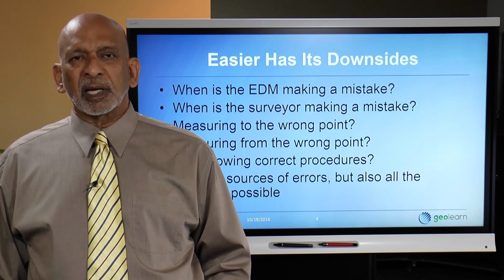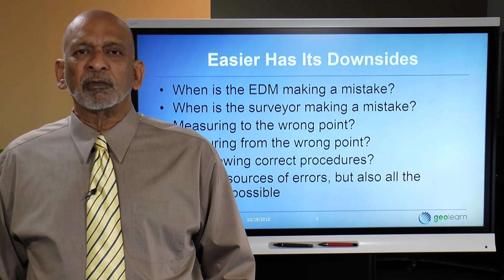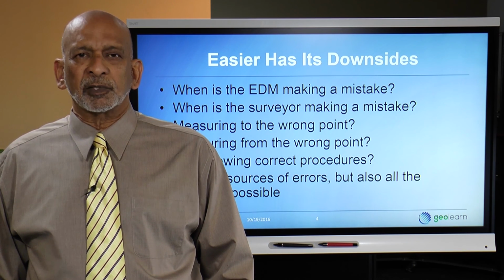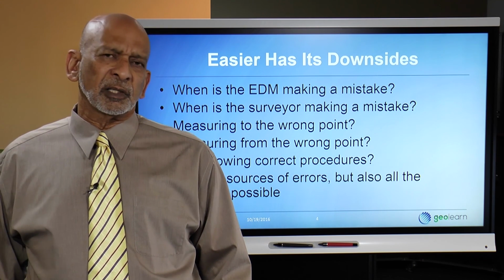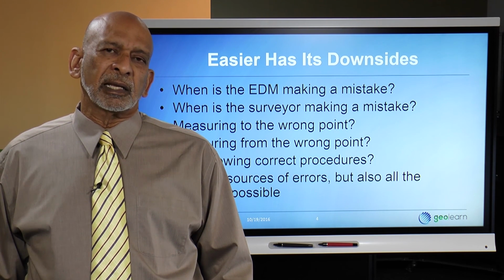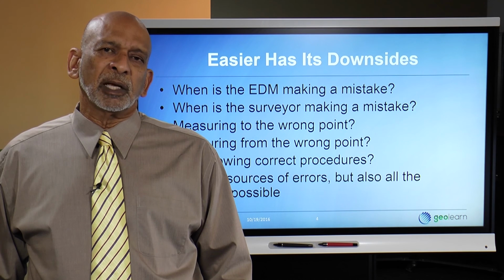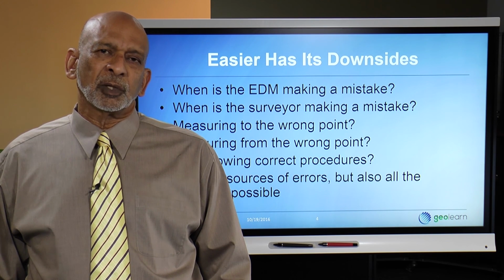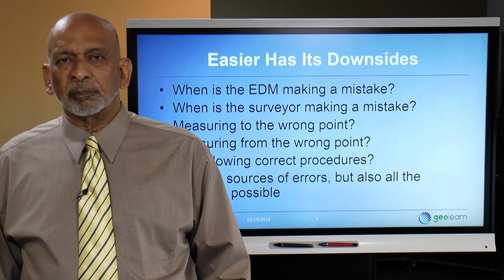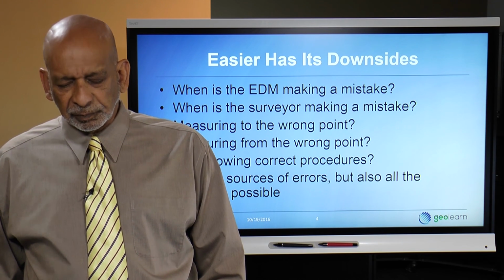An EDM can sometimes give you a false measurement, just as many other types of surveying technology. So the surveyor has to be acutely aware of the processes that he or she is using to make the measurements and figure out ways to eliminate the possibility of a mistake being generated by the EDM.